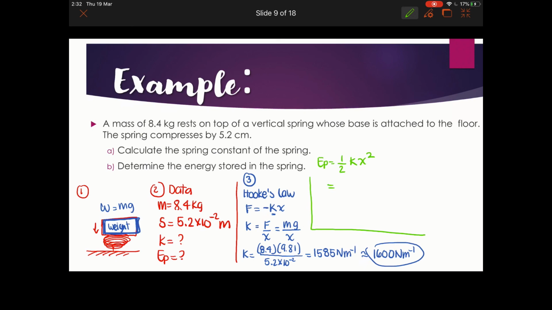So now we have the constant of the spring, so this is going to be 1/2 times 1600 times the displacement, which is 5.2 times 10 to the minus 2 squared. Don't forget the square. Making the calculations and considering the significant figures, again we have two significant figures and two significant figures. The rounded answer is going to be 2.0 joules.